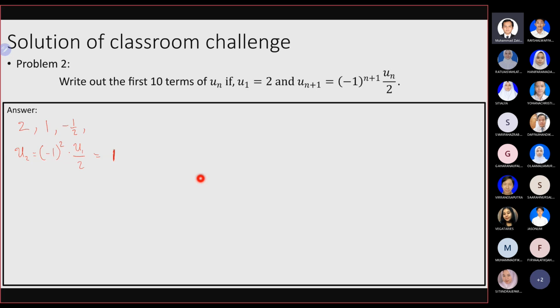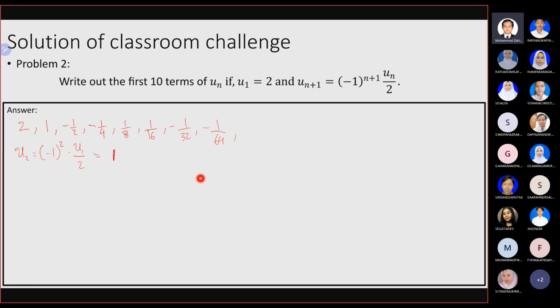And then is it still minus? I think still minus. Minus 1 over 4 and then plus 1 over 8 and then plus 1 over 16, then minus 1 over 32 and then minus 1 over 64. 1, 2, 3, 4, 5, 6, 7, 8.